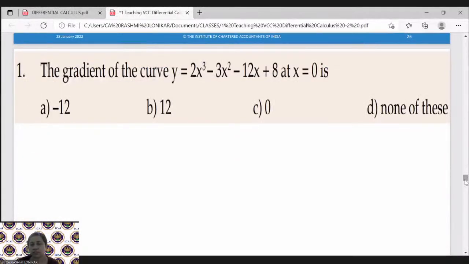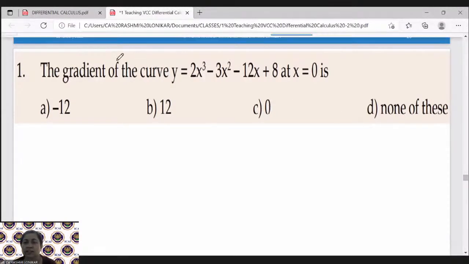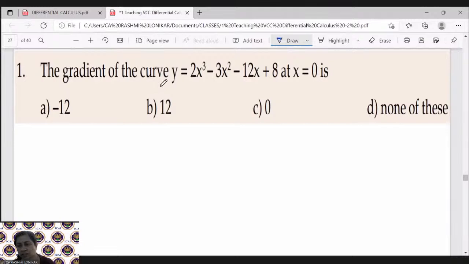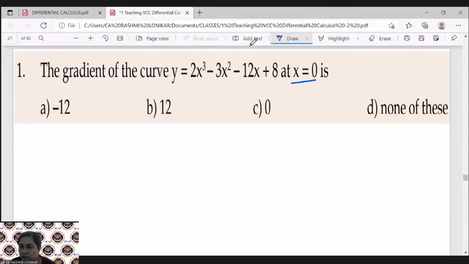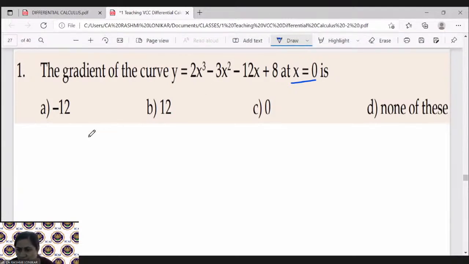Now the first question is, in word problems, how do I get problems in differentiation? So they are saying find the gradient of the curve at x is equal to 0. See, now in all these sums you will see that you're finding it at a particular value. So what we are doing here is, gradient means what?